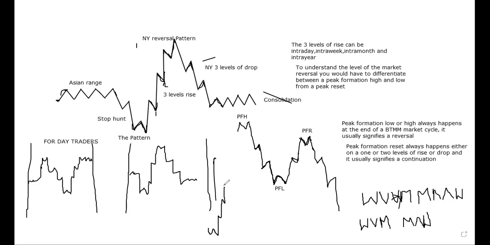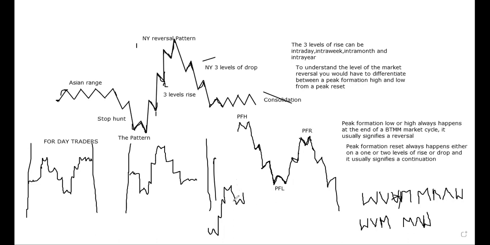Okay. Then we now have another peak formation high. Are you getting what I'm saying? Then we move down one. So if the market should give me one, and then I have something like a W, then it signifies a continuation of this trend which we began. Okay, so this is what this means.